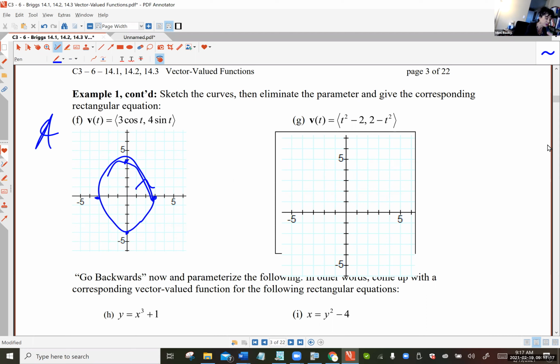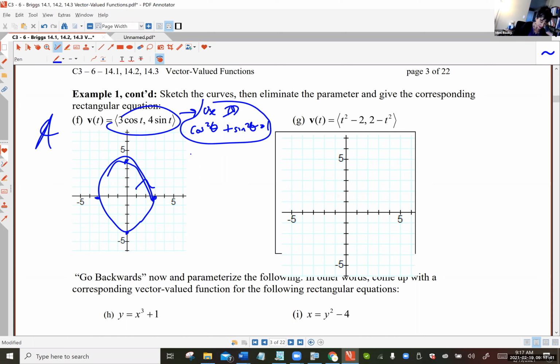Okay, eliminating the parameter for this one is different. The technique is you don't solve for t. Watch closely. When I see trig, that means in order to eliminate the parameter, I'm going to use an identity. The identity is cos squared theta plus sine squared theta equals 1. I'm sure you've seen that identity sometime in a trig class as well as a calculus course. Well, how is that going to help me eliminate the parameter?